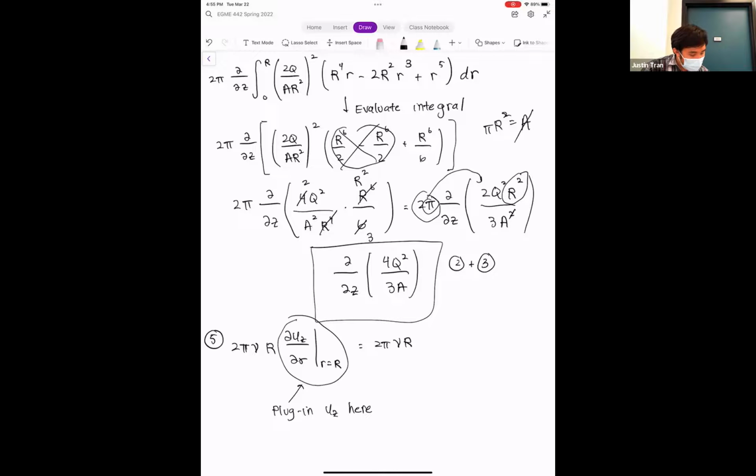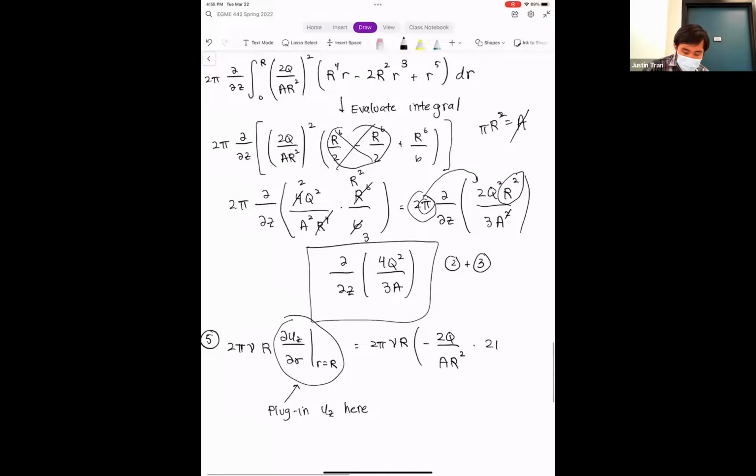If we plug in for uz and take the derivative, we get a minus 2q divided by a r squared, multiplied by 2 times big R. We take the derivative with respect to r, and then anywhere we see a little r, we plug in a big R. All these r's are going to cancel out: the r up top cancels with the r squared, and the other r up top cancels with the last remaining r.